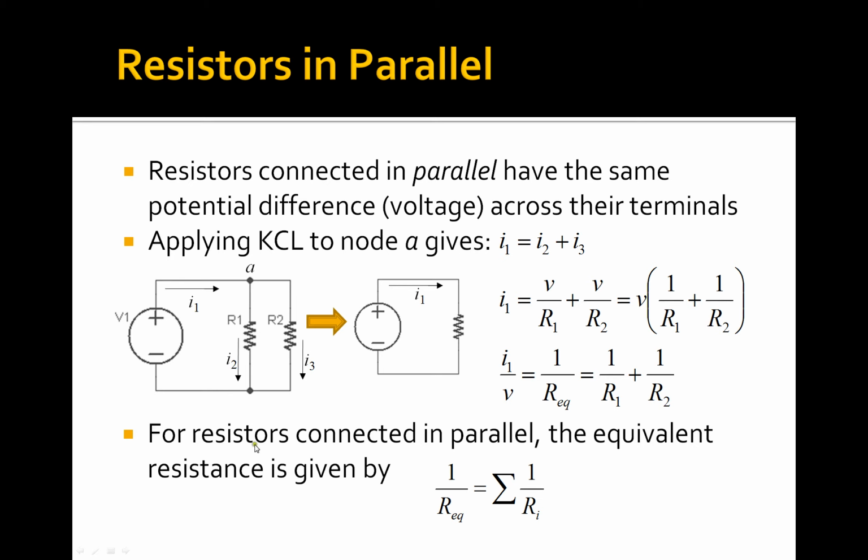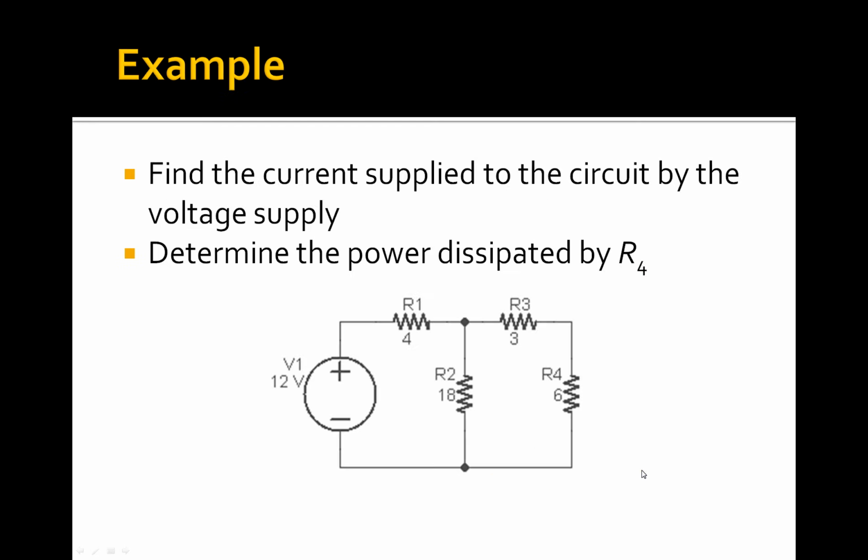So for resistors connected in parallel, using this Kirchhoff's current law argument, we wind up with the familiar relation that 1 over the equivalent resistance is equal to the reciprocal addition of all of the elements that are in parallel with each other. With that, we're ready to tackle some circuit analysis, and we will look at some examples.